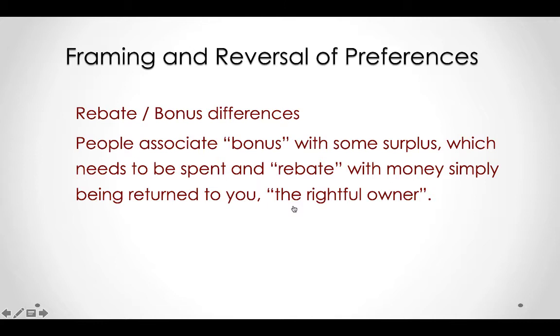Maybe pay some debt, maybe fix the house, maybe spend it. The idea is that if we don't have an account to put it back into, we'll try to find one for it, and usually it is frivolous spending. So that's the idea of rebate bonus. It makes a whole lot of difference how you phrase and how you frame your wording, your situation, and you will get different responses.